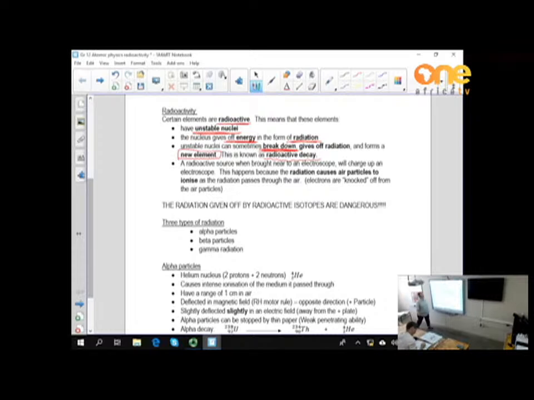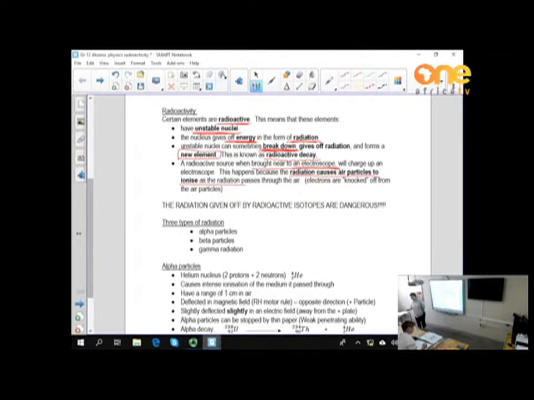A radioactive source, when it's brought near to an electroscope, will charge up the electroscope. The reason for this is that when radiation travels through the air, it knocks electrons off air particles and causes the air to become charged.